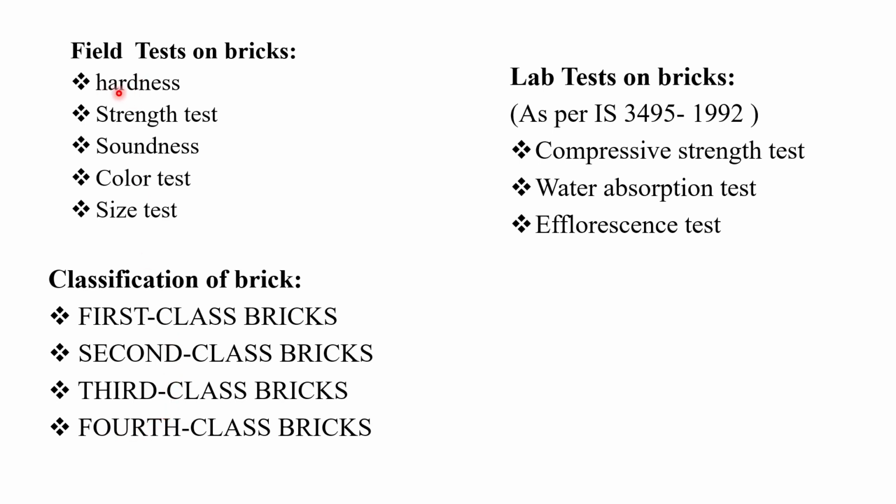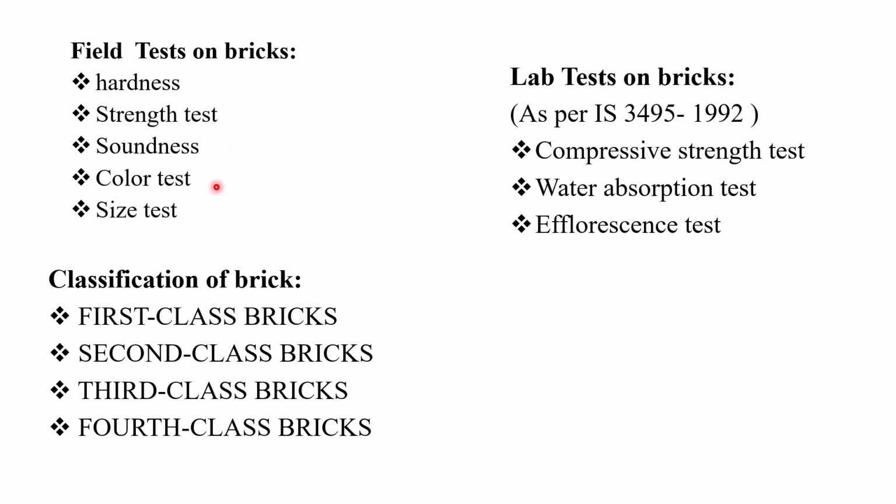What is the hardness test? How to calculate the hardness in the field? Actually, these are field tests, so we will measure this parameter in the field itself. In the hardness test, what we will do, we will mark a scratch on the surface of the brick.